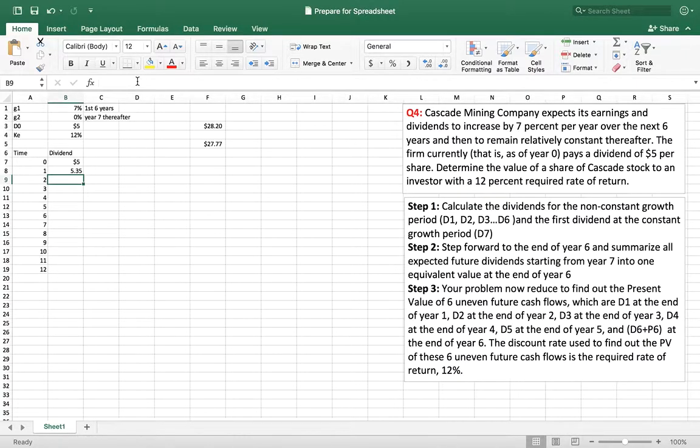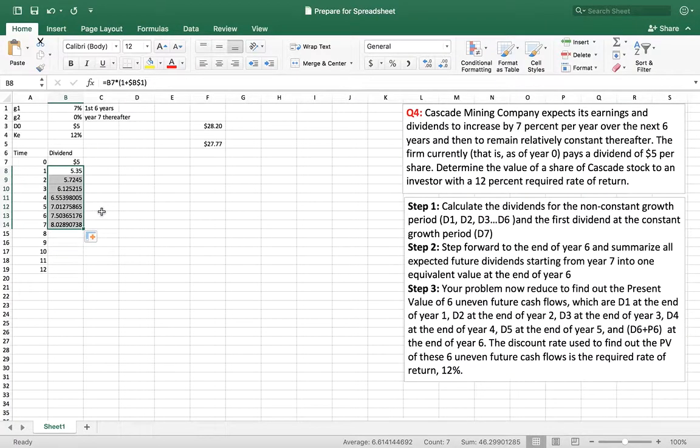By modifying the formula, it guarantees that when we copy down the formula, the reference cell of the growth rate will not be changed. Now, I can drag down the cursor to cell B14 to copy down the dividend formula.